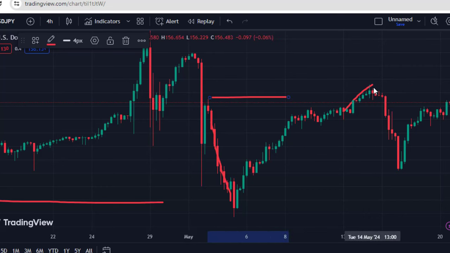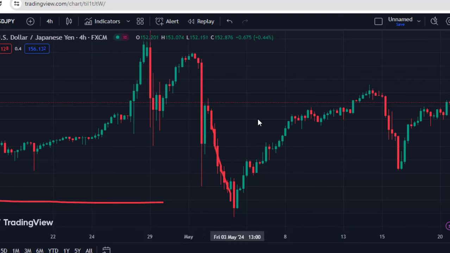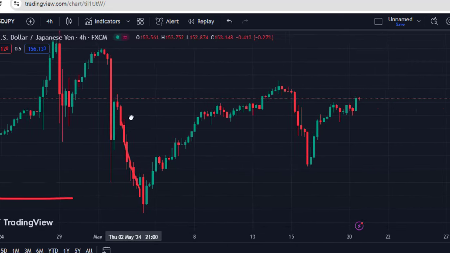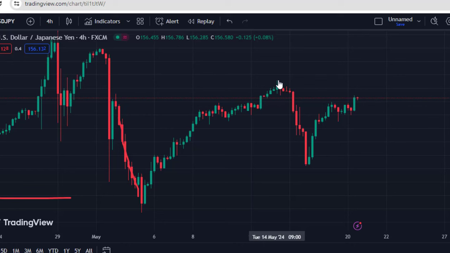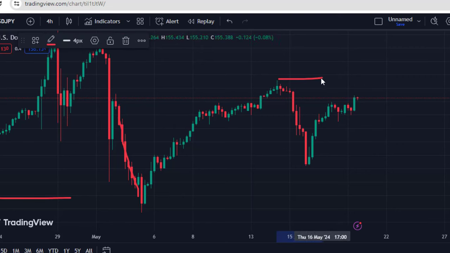Once that liquidity was grabbed and the market was satisfied with that liquidity, market began to come back to the downside. Right now, if you notice where the market is right now, it is close to a point of liquidity, which is this very point of 156.80. So this very area is an important liquidity zone right now on the chart.